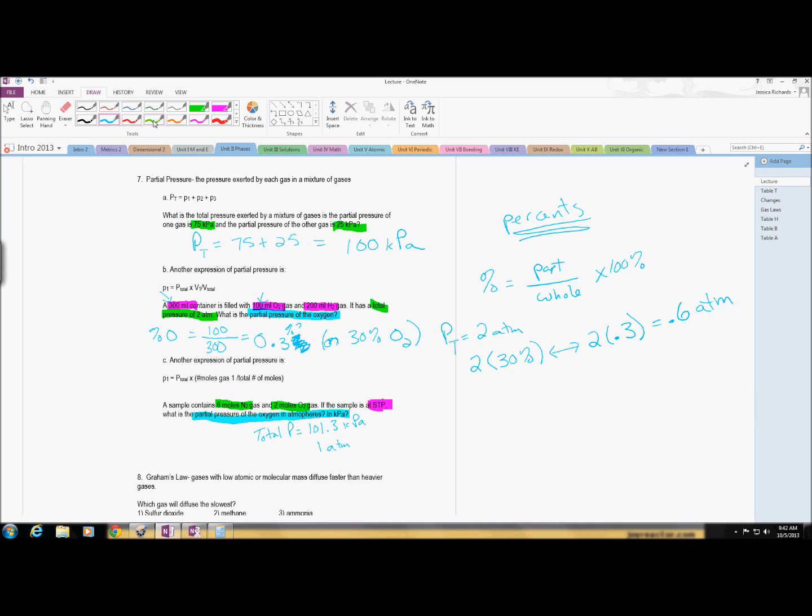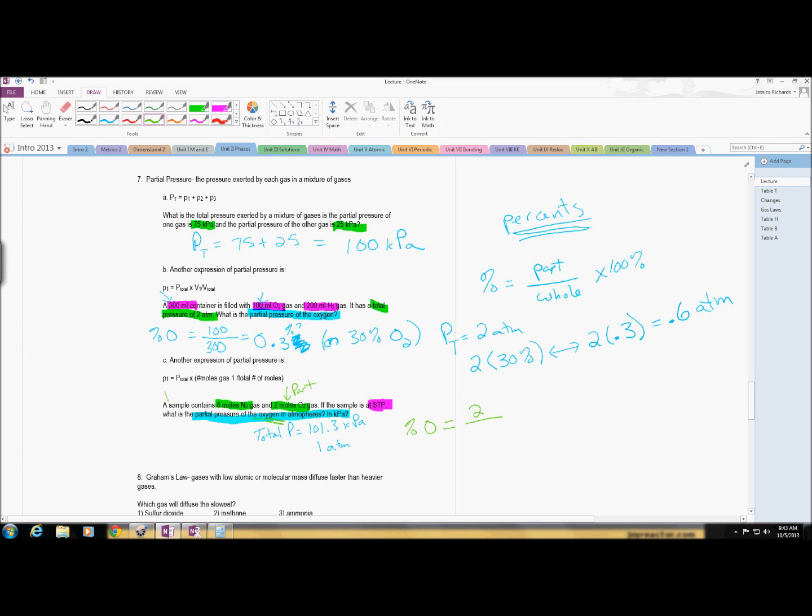The next thing I need to know is what percent of this mixture is oxygen. We want the partial pressure of the oxygen, so we are going to figure out what percent is oxygen. The part that's oxygen is 2 moles.